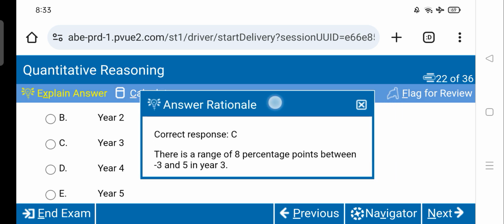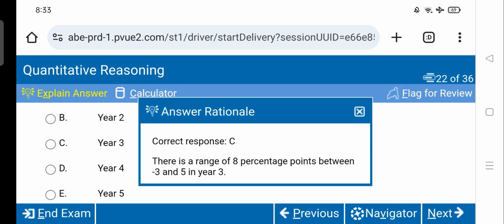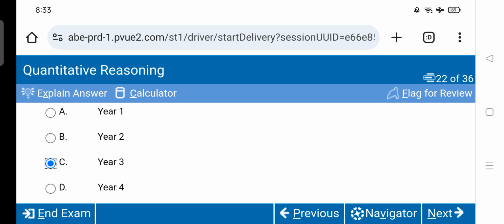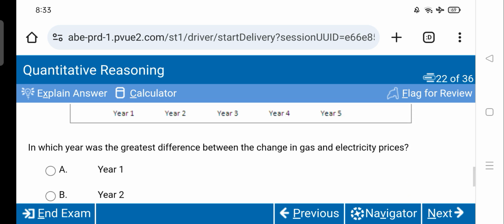So the correct response is option C, as there is a range of 8 percentage points between -3 and 5 in year 3. So that's how we can say option C is the correct option. That is, year 3 is the year which had the greatest difference between the change in gas and electricity prices.